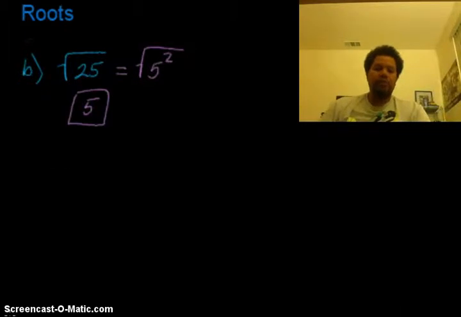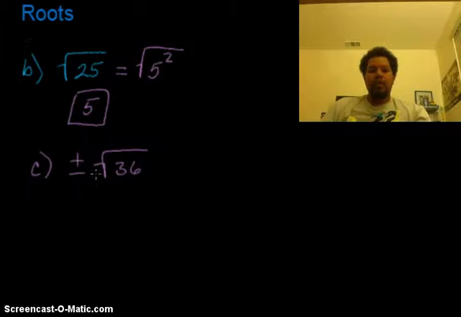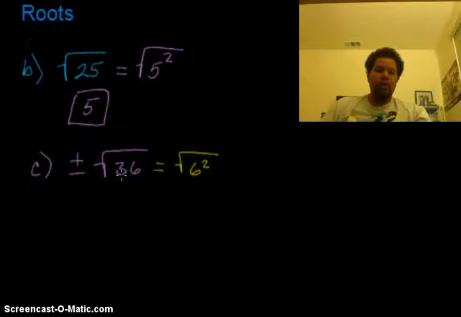Okay, in this example, they're asking us to find the positive and the negative square root of 36. And again, we think of 36 as being 6 squared. So the square root of 36 is 6. And since we're trying to find the positive and the negative of it, we have a positive and negative 6 as our answer.